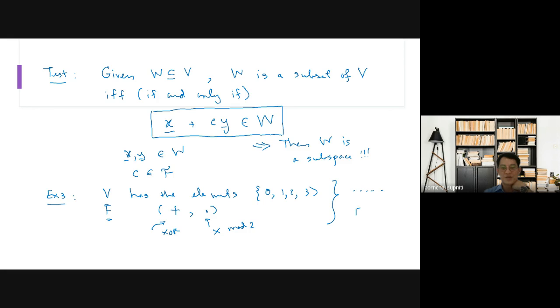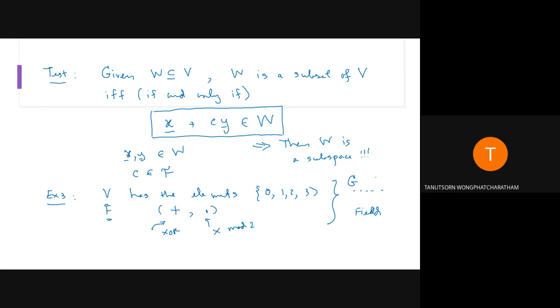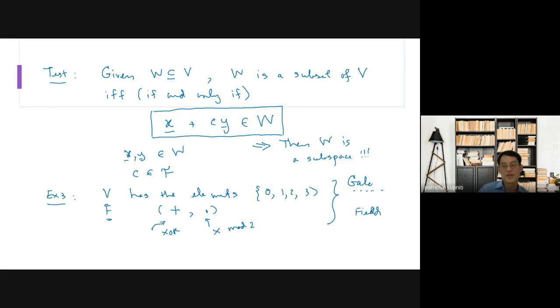We call it something field. Do you remember? Start with a G. Galois field. Yeah, it's a Galois field, where p is a prime number.